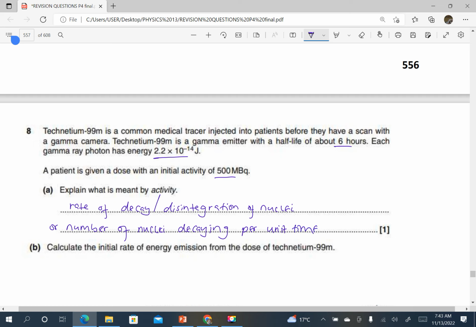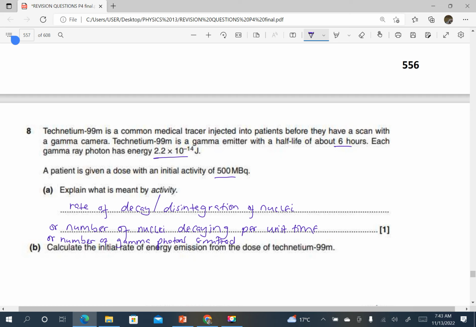Since we are now talking about gamma ray photons, because technetium is a gamma emitter, we can also say this is the number of gamma photons emitted per unit time, because each nucleus will emit a gamma photon.